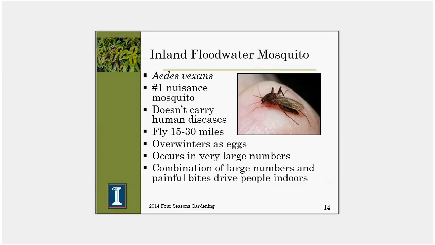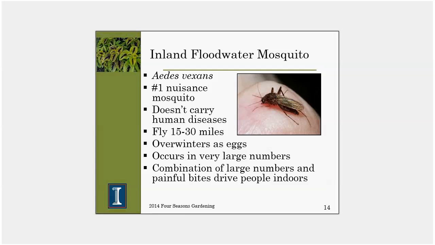And so theoretically, and in reality very much so, if you have areas that flood, ditches, etc., that will drain away in the span of a week or 10 days, you really don't have mosquitoes coming out of those, because they're tied to that aquatic environment as a larva and as a pupa, and if it dries up, they're toast. They die.